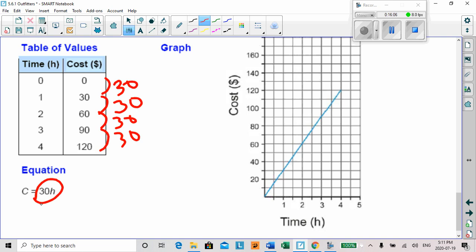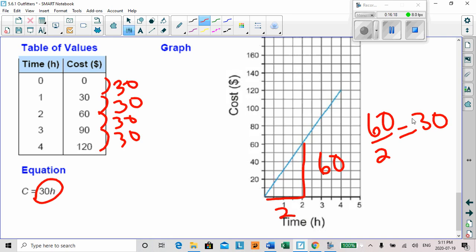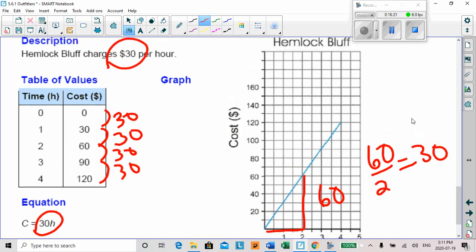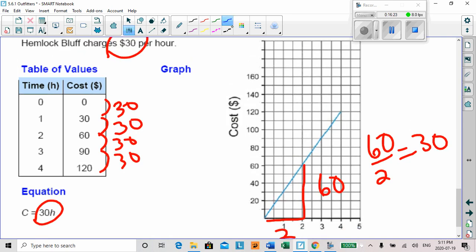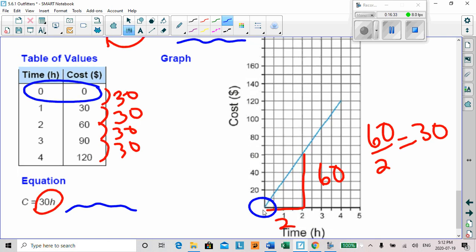If we were to figure out the rate of change, this would be 60 divided by 2, and 60 divided by 2 is 30. There is no initial value. There's nothing that's added on here. So this is 0, makes it a direct variation. There's nothing added on here, and this starts at 0, 0. That's how it's all related.